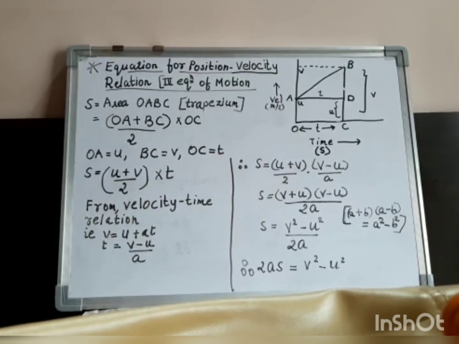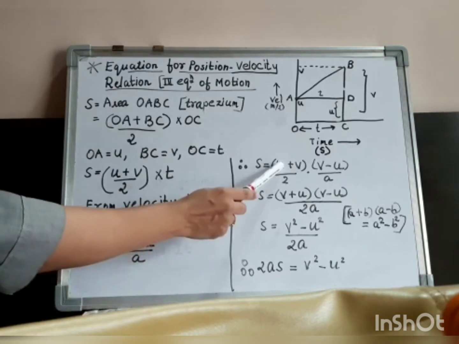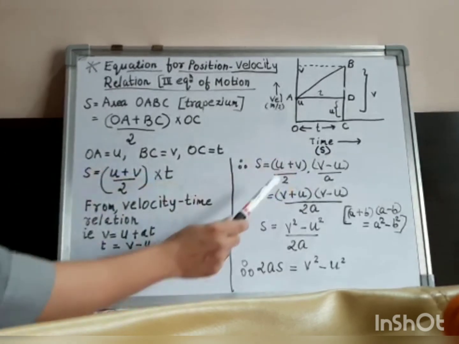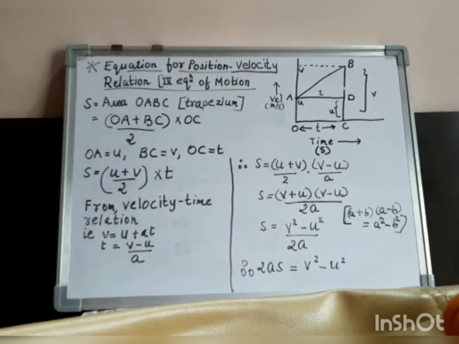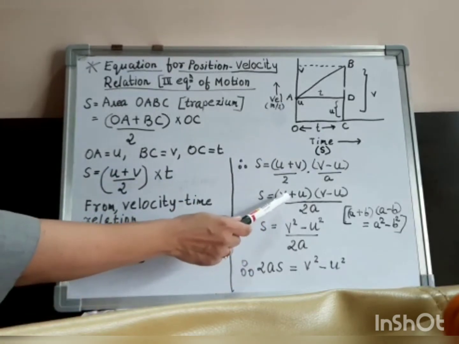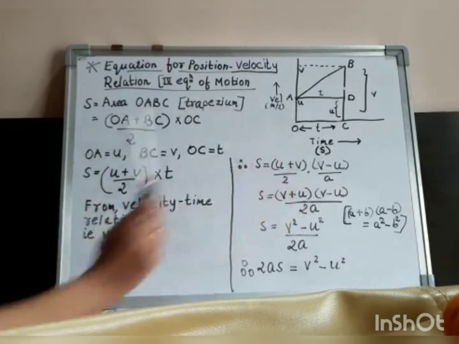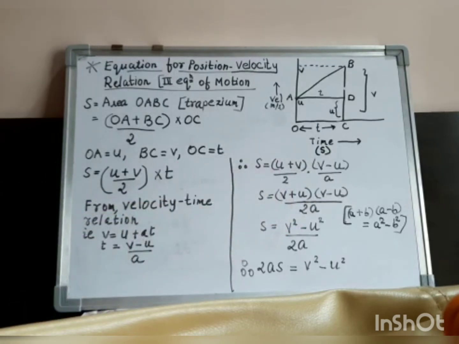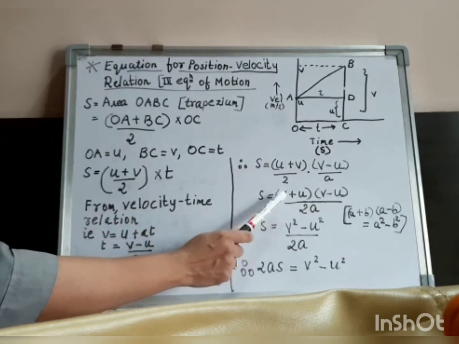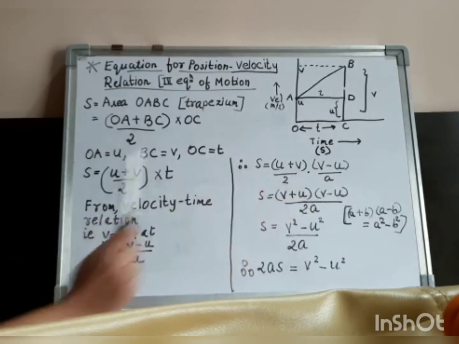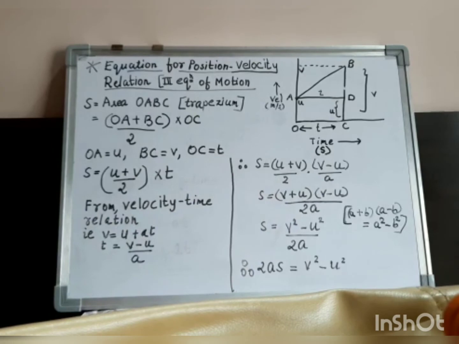Right? Now if you see this carefully, U plus V and V minus U. So in place of U plus V, if I write V plus U, its meaning will not change. Now you see it S is equal to V plus U and V minus U upon 2A. Now V plus U, V minus U is actually the form of A plus B, A minus B that you have studied in fractions.